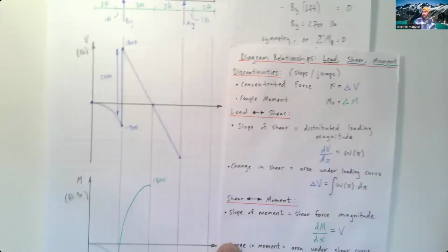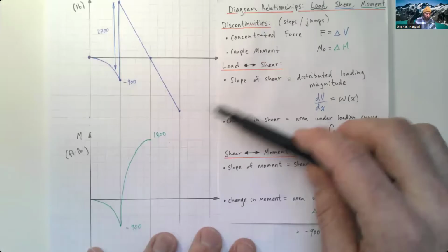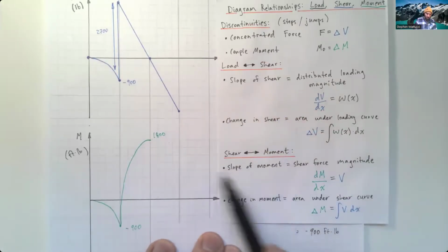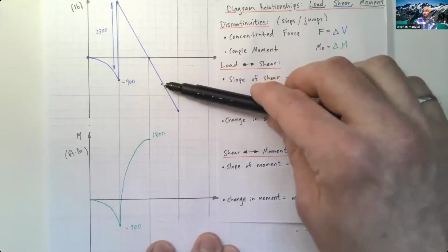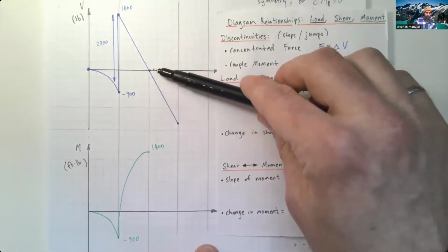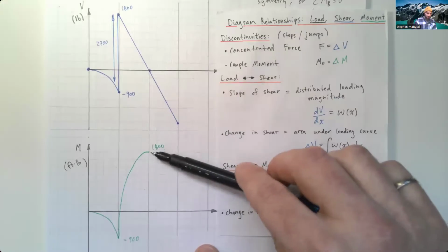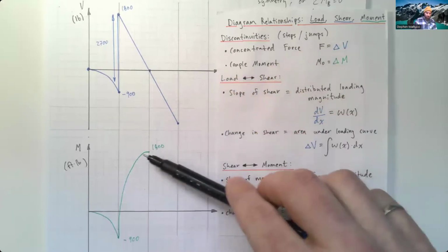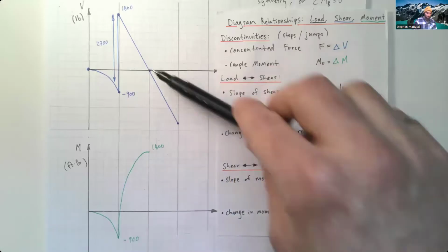So we've got that already. And so we want to continue on this moment. The slope of the moment is equal to the magnitude of our shear. So that's why right here at 0, the slope is 0. After this, the slope is going to get more and more negative.